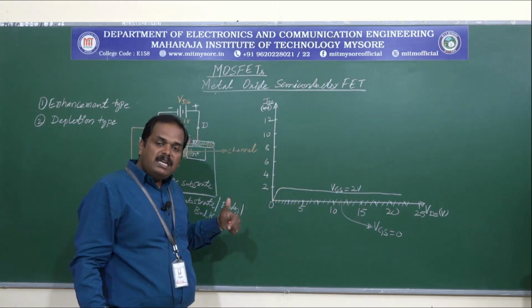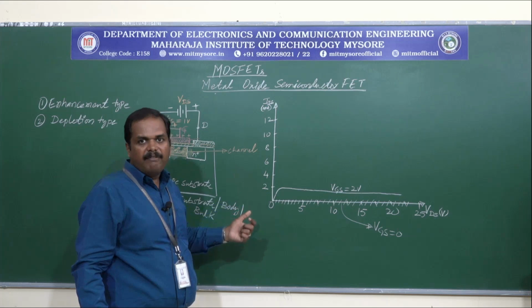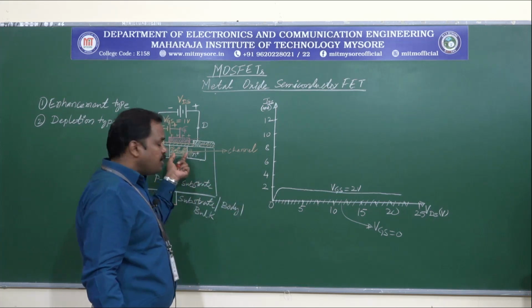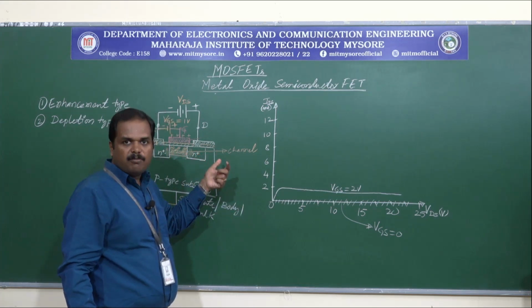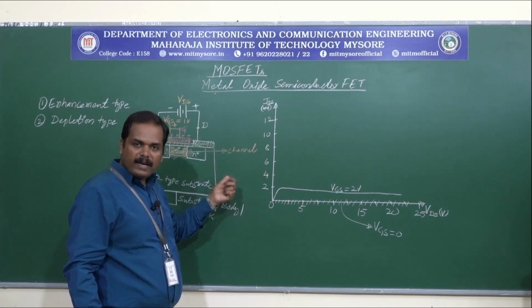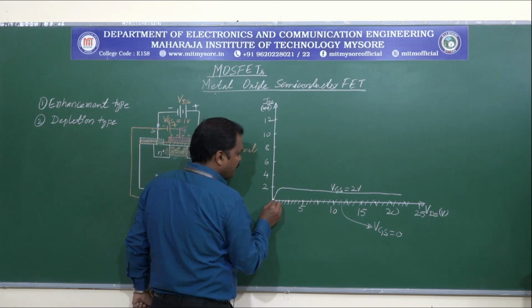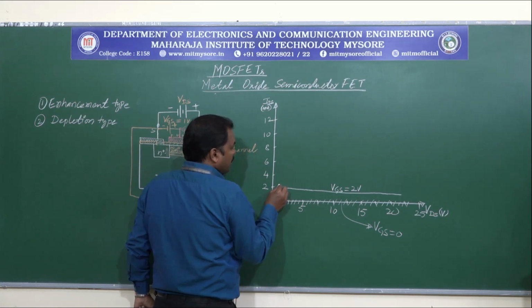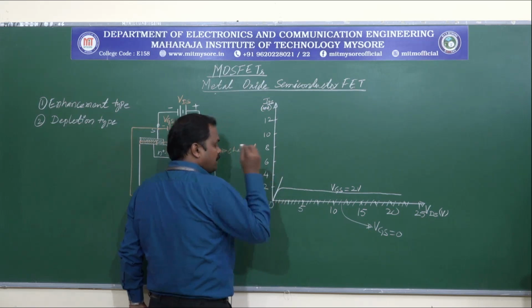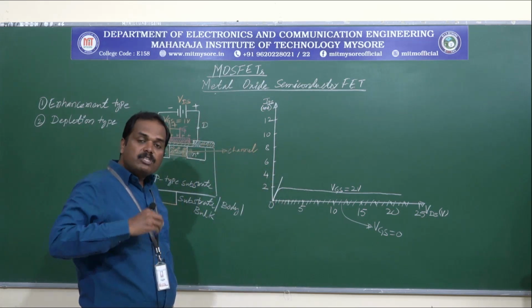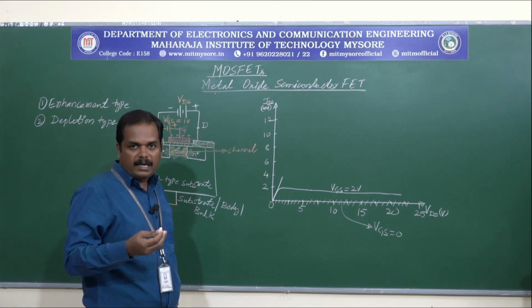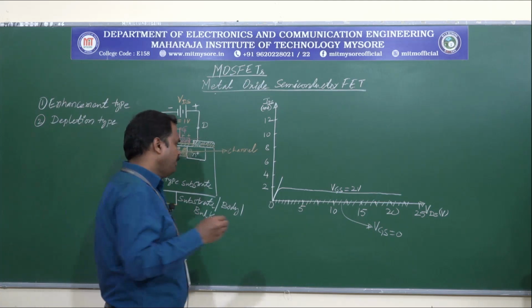And now as we increase VGS to another level, the conduction in the channel will be enhanced by a bit. So more amount of current will be flowing. So if I increase VGS, let us consider VGS equals to 4 volts now, then there will be enhanced conduction in the channel which causes more current flowing in the device.